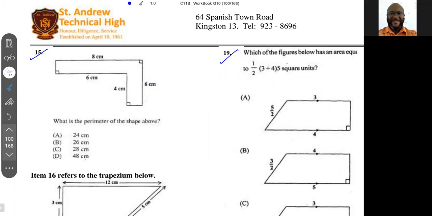So I would not calculate perimeter unless I know the length of every edge of the shape. So here, from here to here is 8. From here to here is 6. So the rest of the distance must be 2. So here is 2 centimeters.